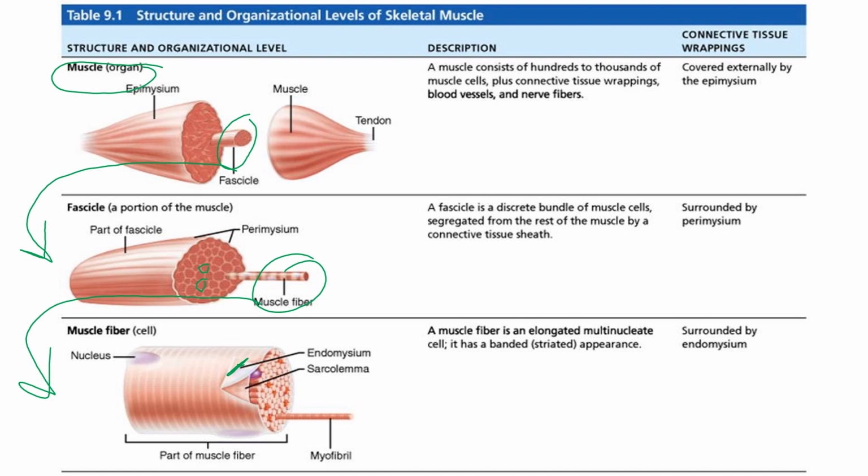The sarcolemma is basically going to be the cell membrane of the muscle fiber. And then inside, which is where we're going next, are going to be a bunch of myofibrils. And we will talk about the myofibrils in a second.